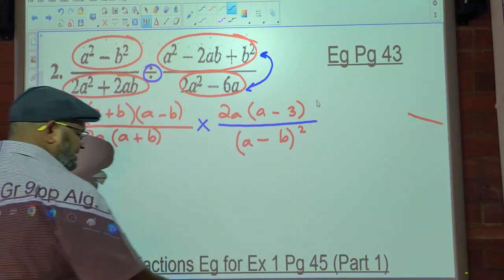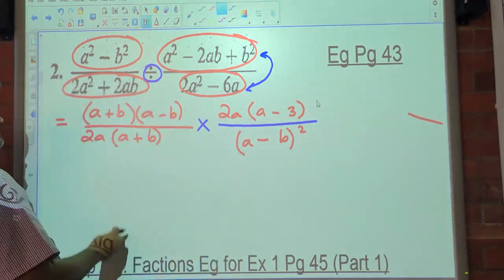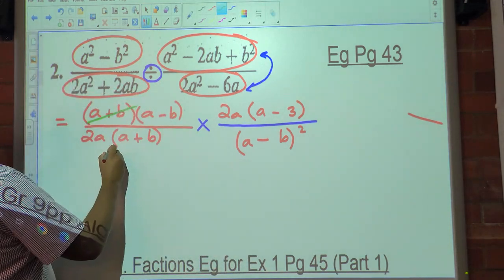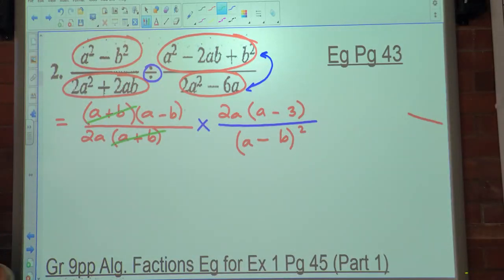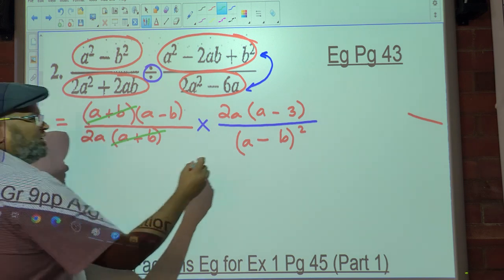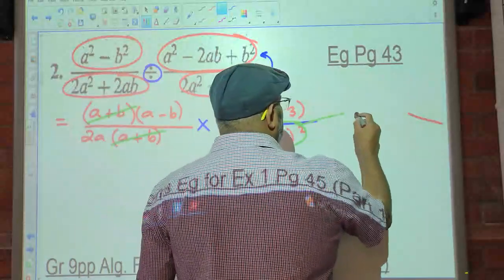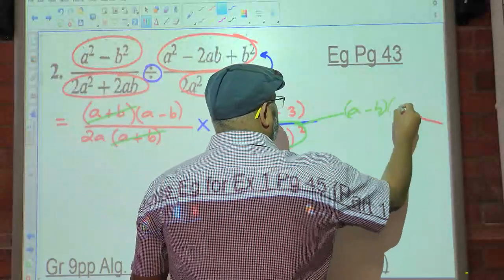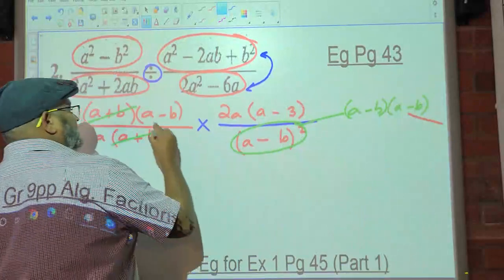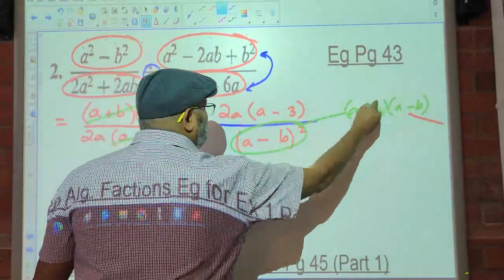So what can cancel here? a plus b goes into a plus b once, so you cancel. What else can cancel? a minus b. Remember, there are 2 here: (a minus b) times (a minus b). Not so. So that cancels with one of them.